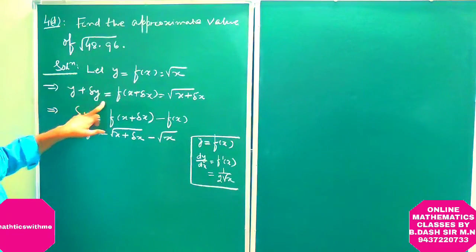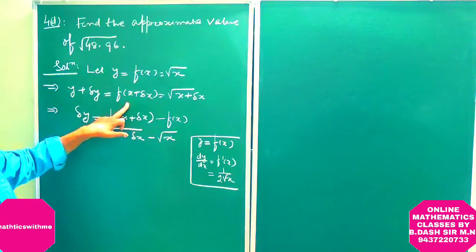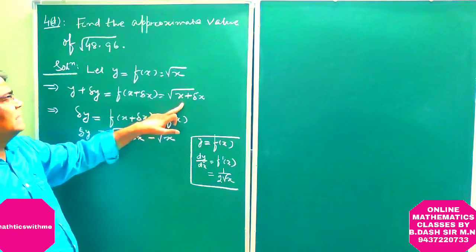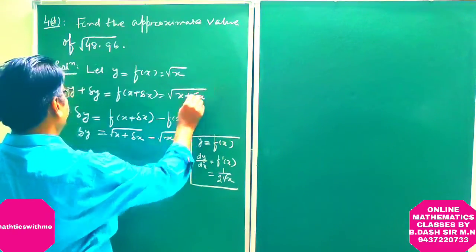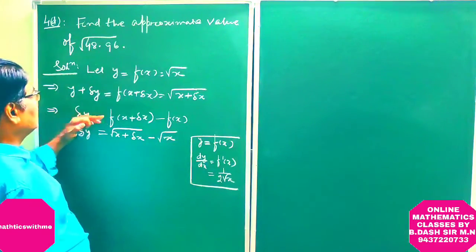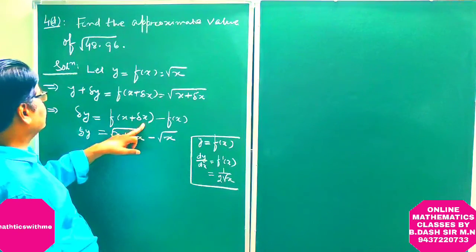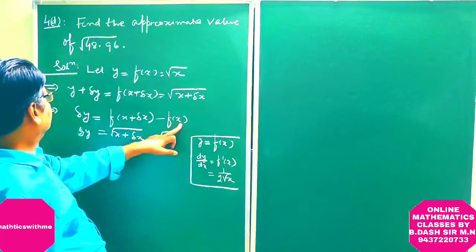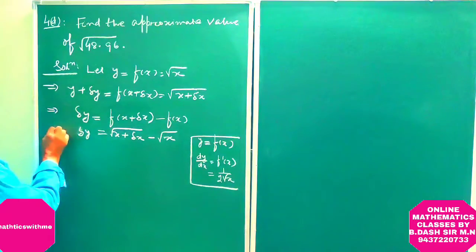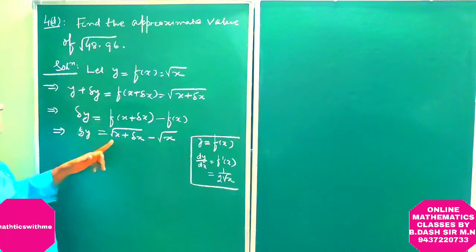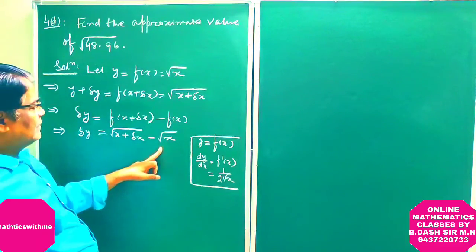Then y plus delta y is equal to f(x plus delta x) is equal to √(x plus delta x). So delta y is equal to f(x plus delta x) minus f(x), which gives delta y is equal to √(x plus delta x) minus √x.